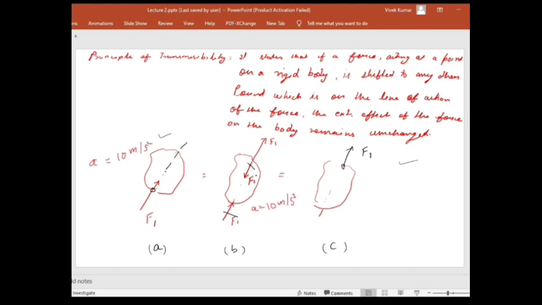Same acceleration क्यों होगा second case में? Because F1 and F2 force are balancing each other and will cut each other. The net effect of these two forces is zero, right? In the third case also we are only left with the one force, so acceleration is again 10 meter per second square. So this is basically principle of transmissibility.